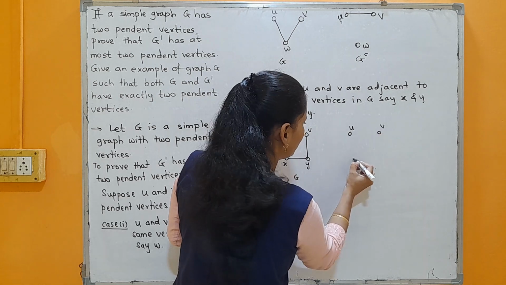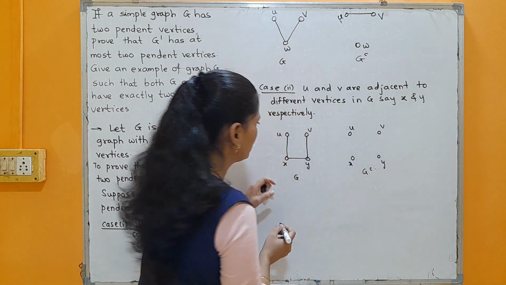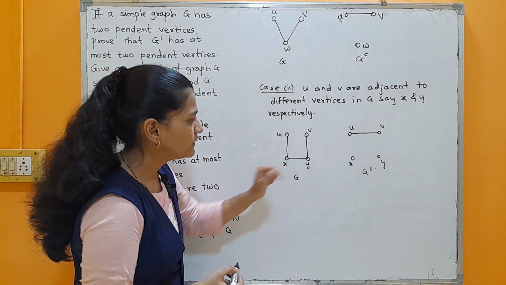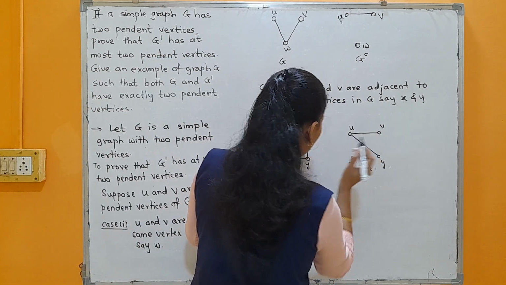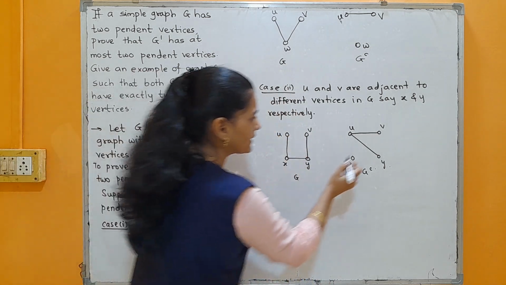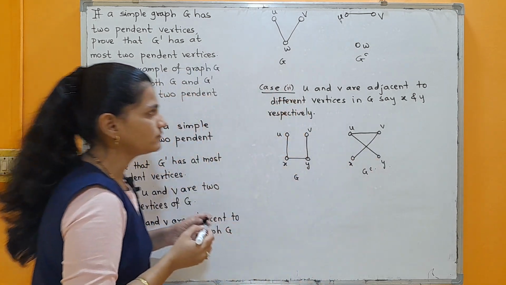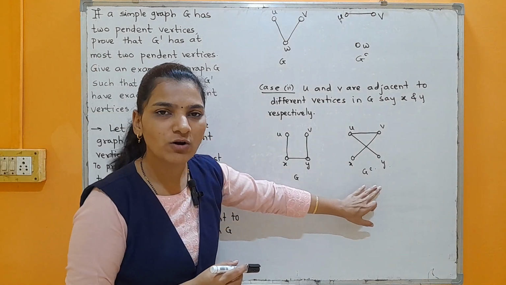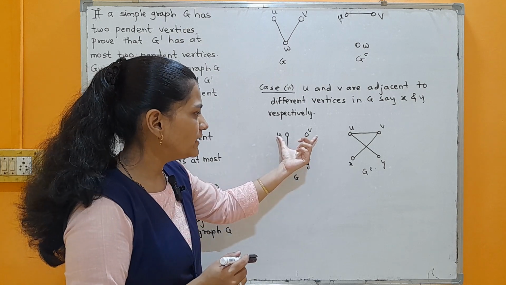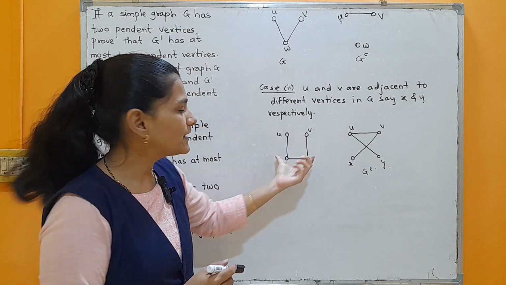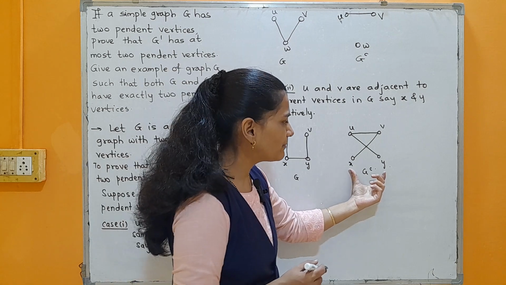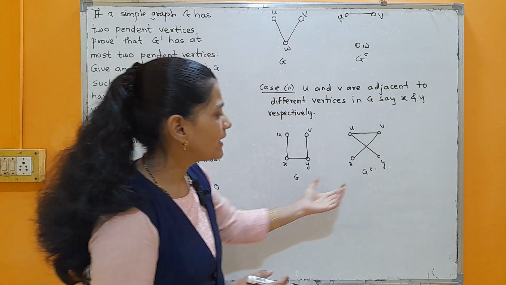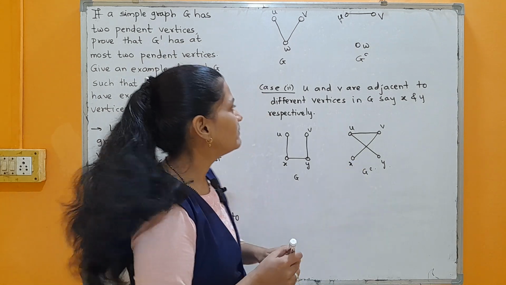U, V, X, Y. There is an edge between U and V in graph G complement, U to Y and V to X. So I have drawn G complement. If you observe, U and V were the pendant vertices in graph G, and X and Y are pendant vertices in graph G complement. So in this case also we have proved that there are at most two pendant vertices in G complement.